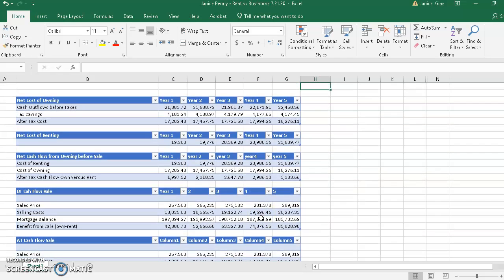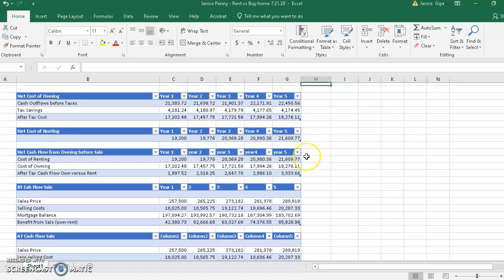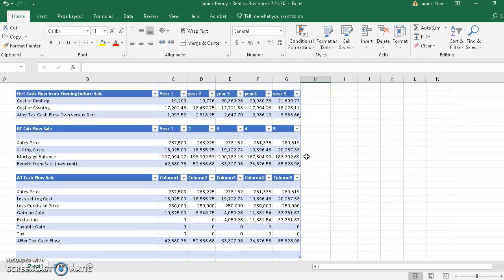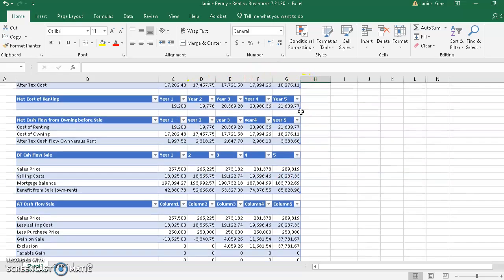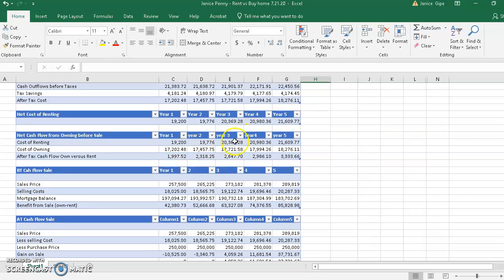And then net cost of renting: this was the first year, $19,200, and it increased by 3% each year. And then you have a cost of renting, which is just these numbers right here where we already calculated how much it was going to cost to rent.